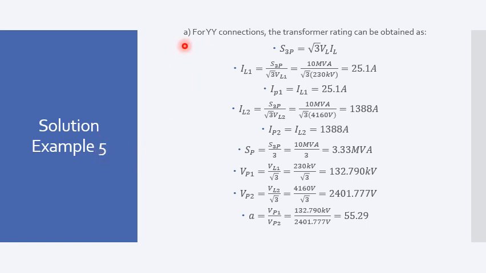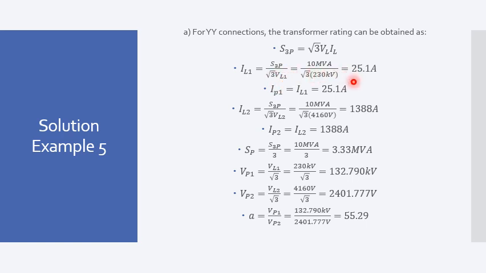For question A, what is the rating if the connection is YY? Firstly, we know the equation S total, or S three-phase, equals root 3 V line I line. We know the S total, the rating in three-phase power, and the V line at the primary side, or V line 1.